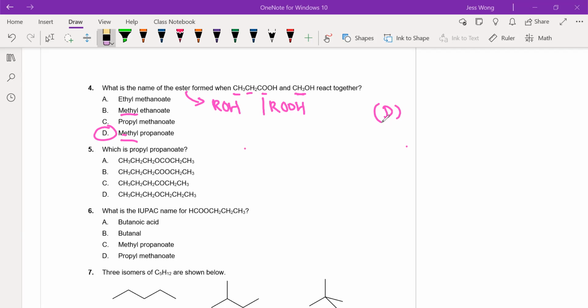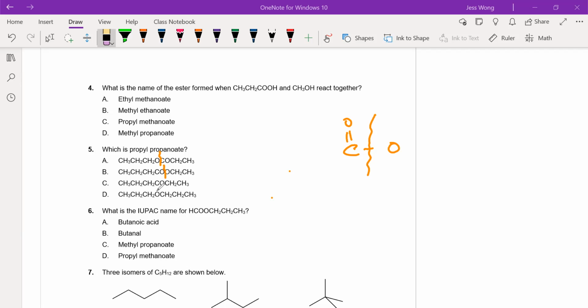All right, the same idea is applied for question 5, propyl propanoate. But when you're looking at an ester, you need to cut the ester. How do we cut the ester? Usually, if we look at the ester, we have a COO, and we have to cut over here, right? If we do that for every answer over here, we'll find that we cut our ester here, and this is not even an ester.